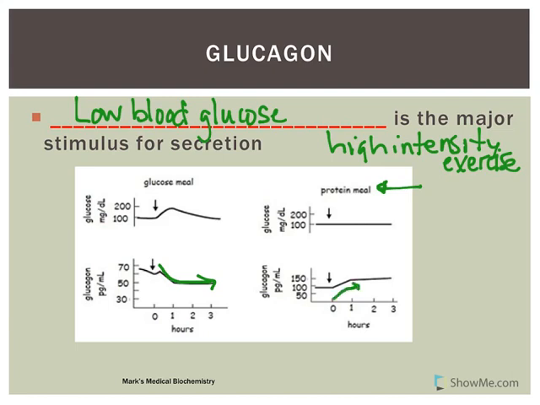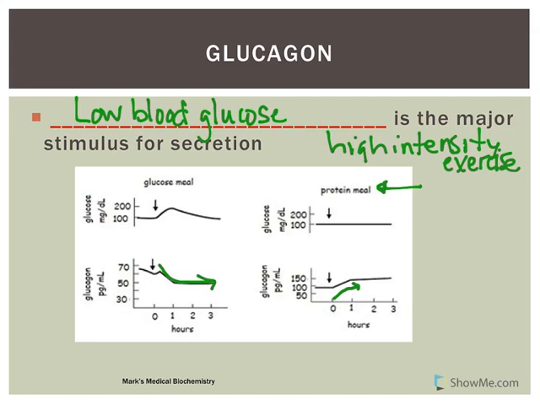If you have protein, you're not taking in glucose, and you always need to maintain adequate levels of glucose in your blood, because some tissues have a heavier requirement for glucose, like the brain. Red blood cells can only use glucose for energy.